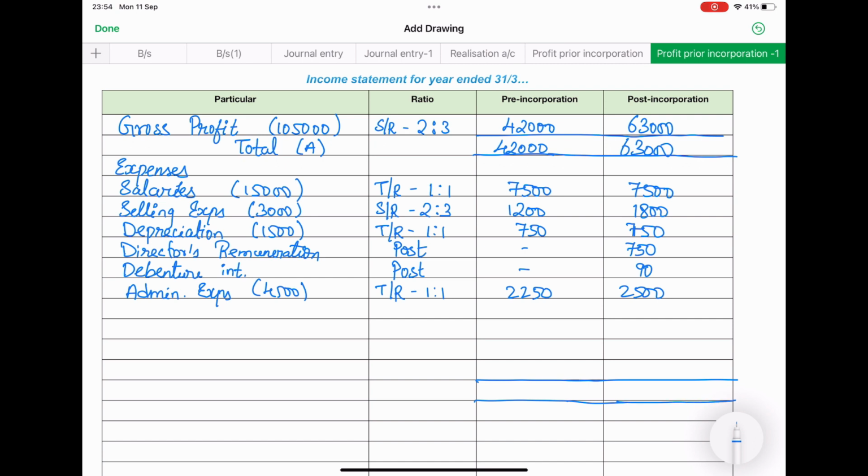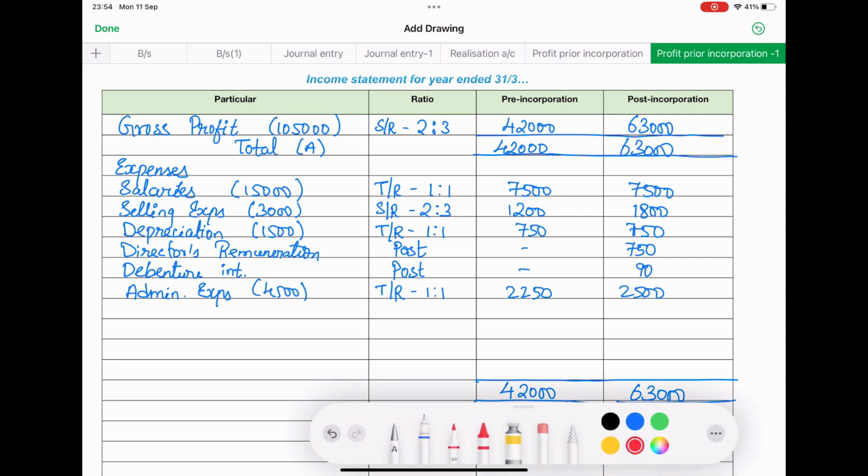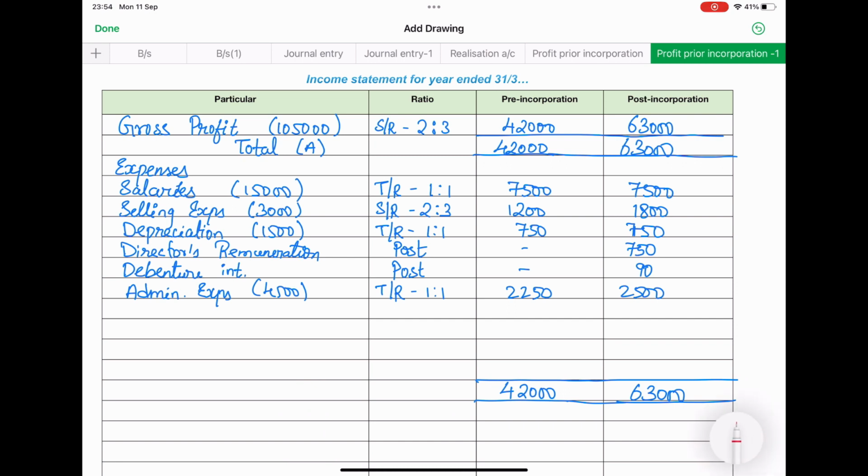Directly I'm going to mention the 42,000, 63,000 in the last column, leaving 2-3 lines over there. Next, we have to add all these expenditures and subtract it from the 42,000. Got it? I am going to identify my net profit, revenue minus all expenditures.